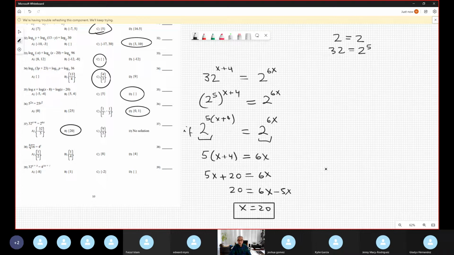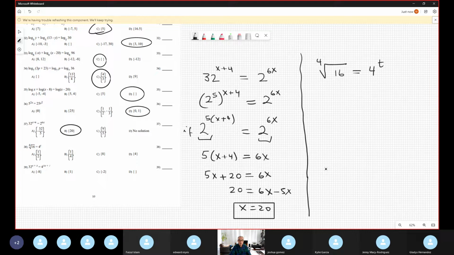Let's do number 38. The fourth root of 16 is equal to 4 to the t.